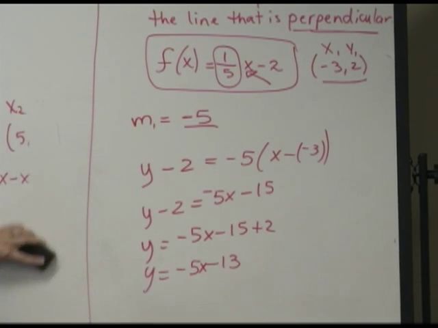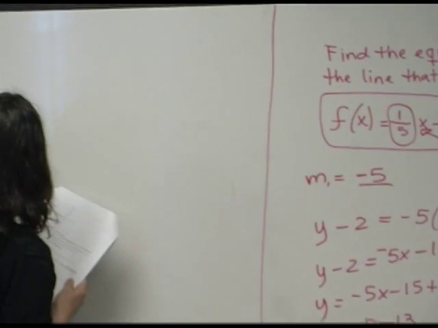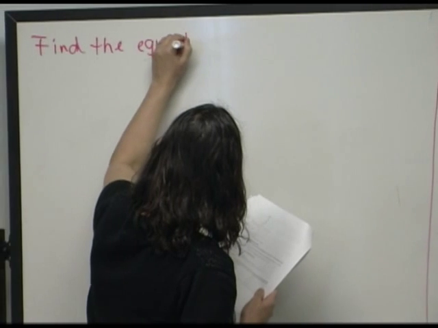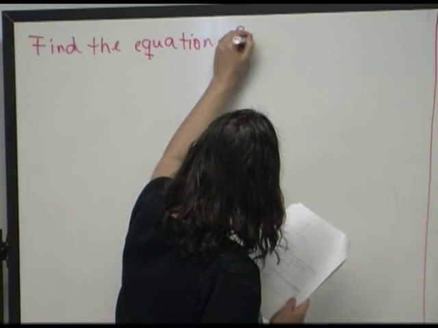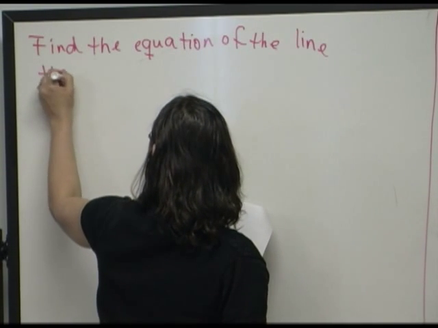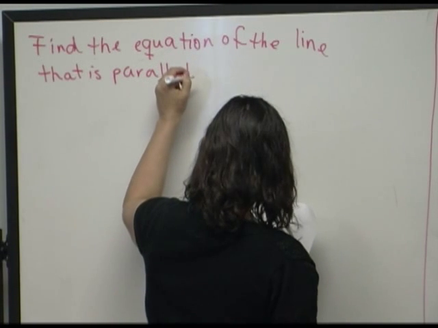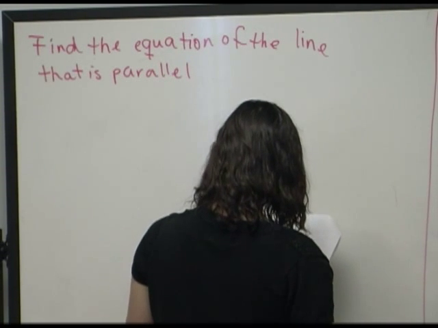Now, there's another type of line that we can find. It's the line that is parallel, right? Parallel.